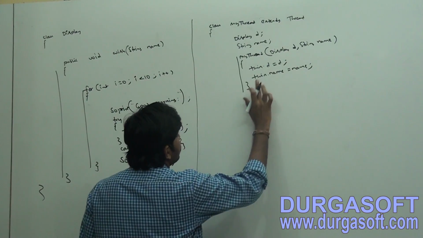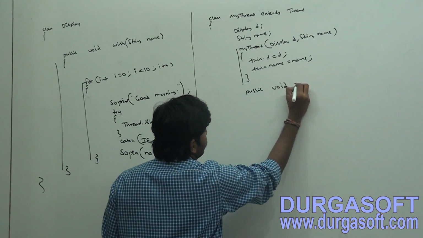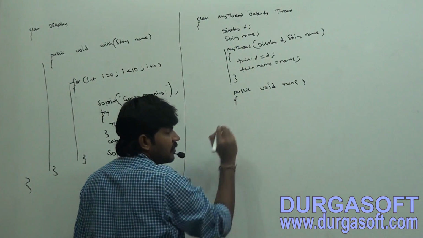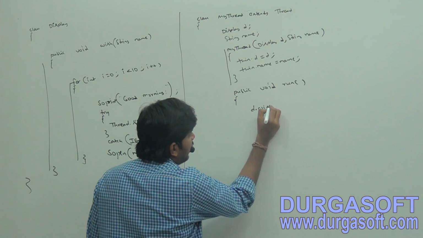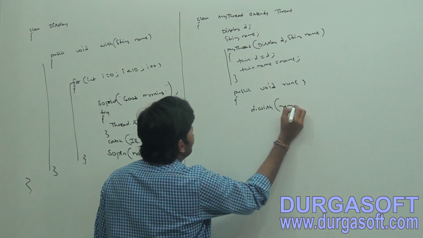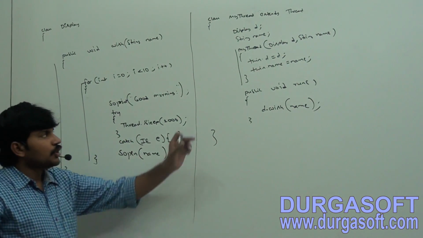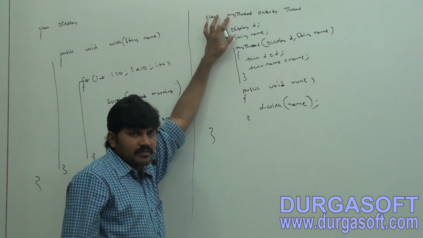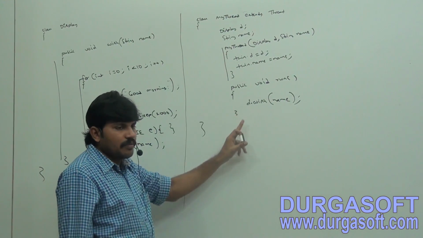Next, public void run method. Within the run method, on the display object I am calling the wish method, by passing name as the argument. That's all. So if we create this thread object and call t.start, now the run method will be called.